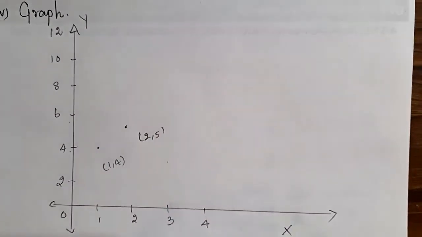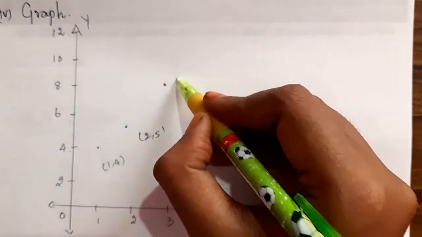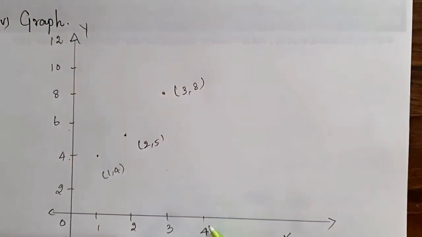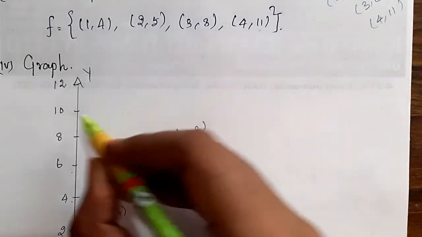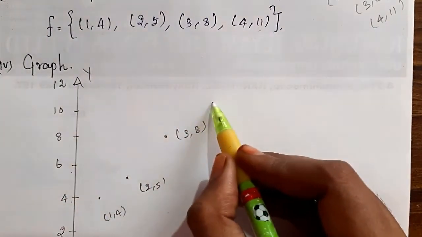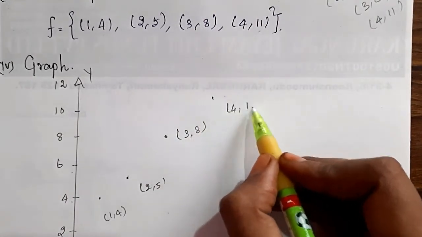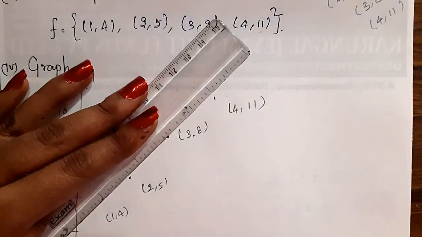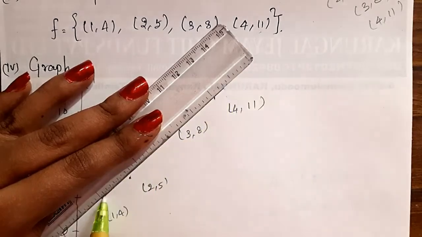So 3 is here, 8 is here. Next one is 4, 11. The 11 value is in between 10 and 12. So it is 4, 11. Okay. These are our values. Just join them.